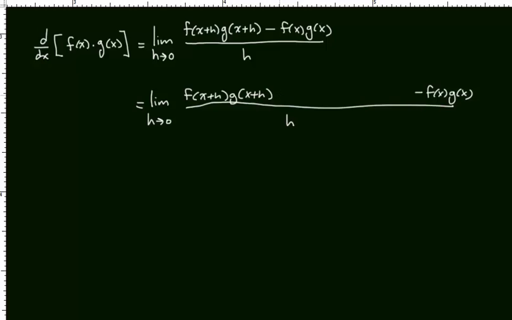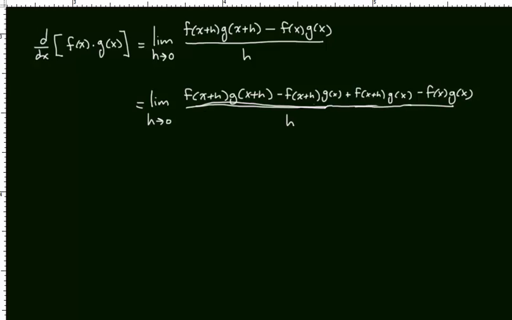So here we go. I'm ready to ruin it for you. We're going to subtract f of x plus h times g of x, but then I have to add the f of x plus h times g of x.